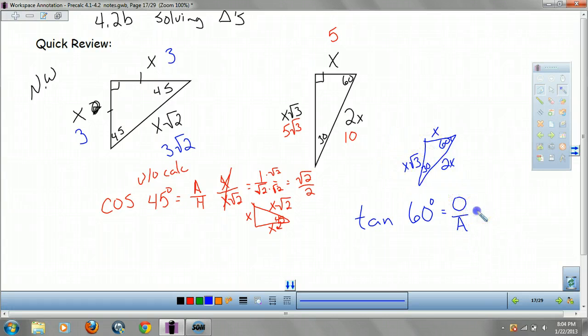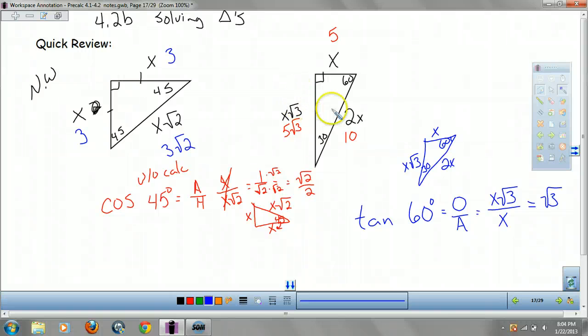My opposite is x square root of 3. My adjacent is x. Those cancel, and you get square root of 3. Okay? Again, you don't need a calculator because you need to know those ratios. And I'm going to make you guys memorize parts of the unit circle because it will make your life a whole lot easier. Just trust me on it.